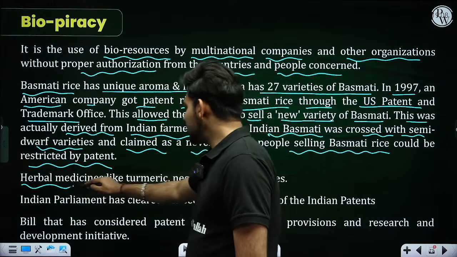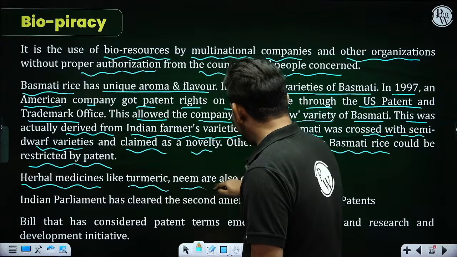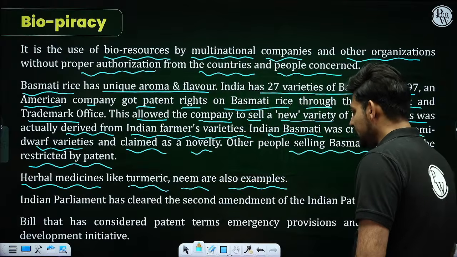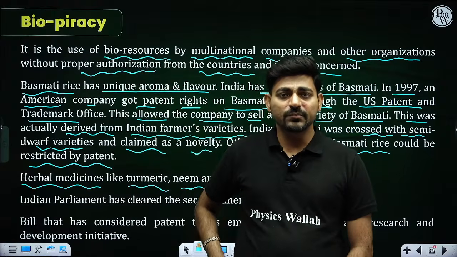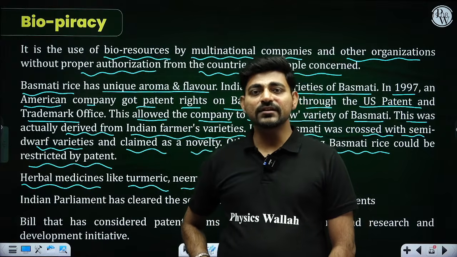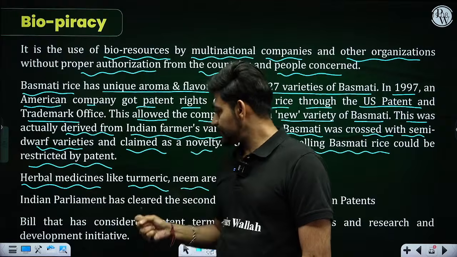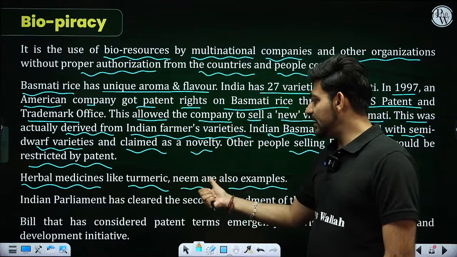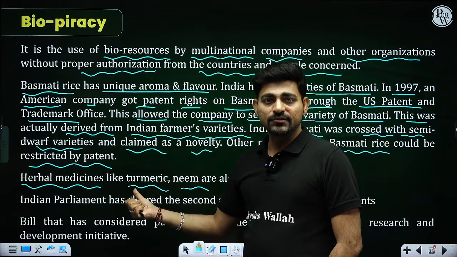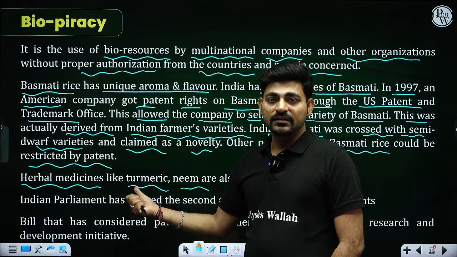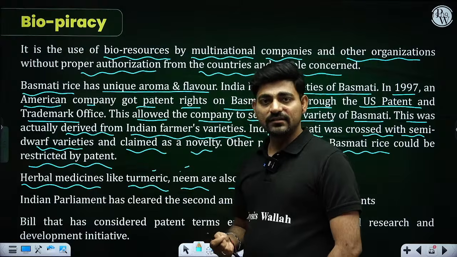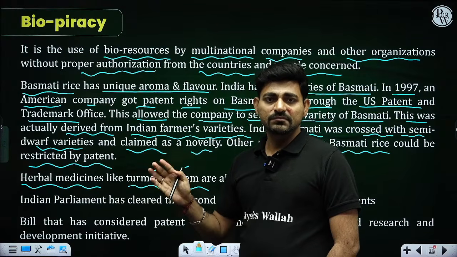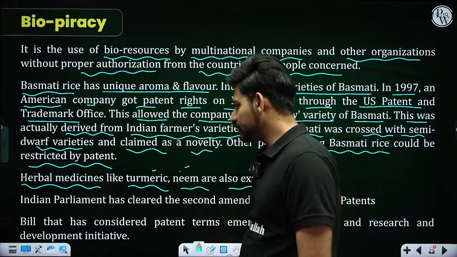Some herbal medicines like turmeric and neem are also examples. A few British companies were trying to take patents for these particular Indian herbs, and we know that the Indian Ayurveda system has been utilizing turmeric, neem, and other herbs from thousands of years ago.